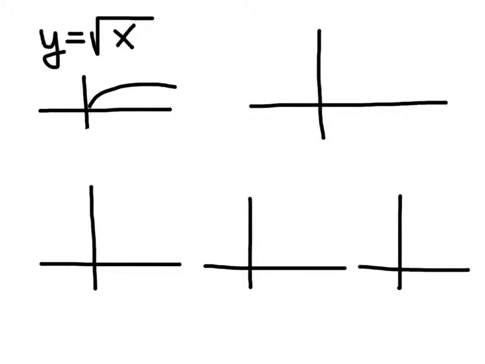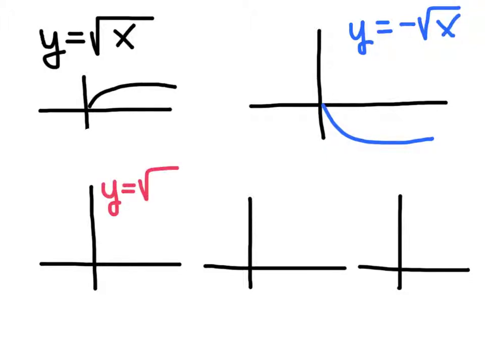And if you were to take that function and put a negative in front of it, remember the negative in front is going to flip it upside down, so it'll look like this. If you were to take the same function and put a negative inside of it, that's going to take the function and reflect it across the y-axis.